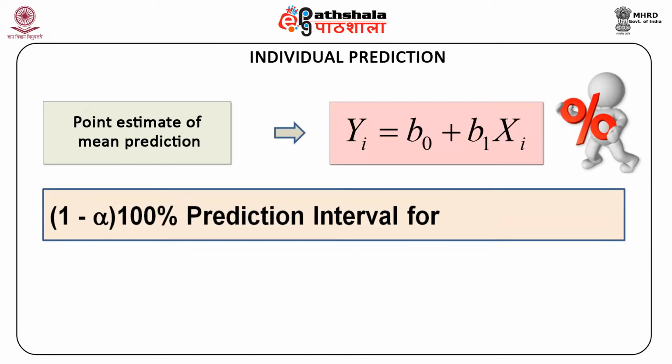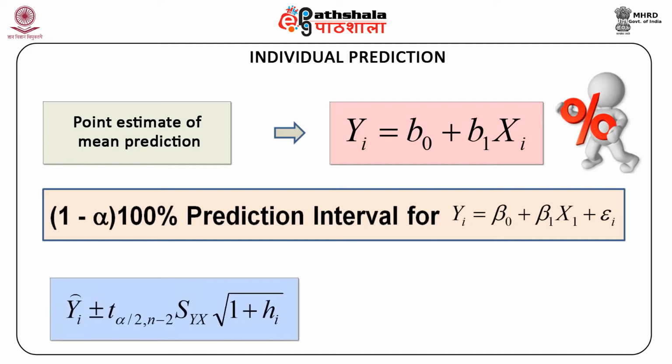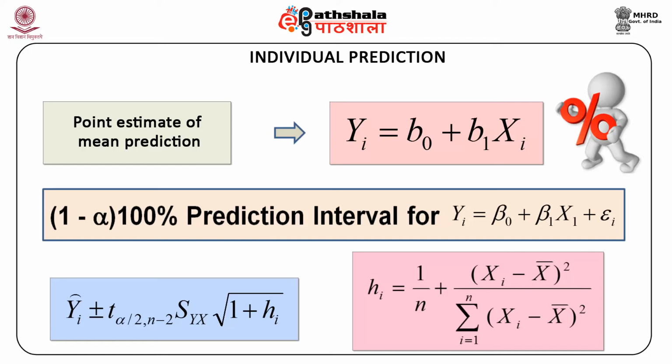The 1 minus alpha 100% prediction interval for yi is yi hat plus minus t alpha by 2, n minus 2, syx under root 1 plus hi. hi is equal to 1 by n plus (xi minus x bar) the whole square divided by summation i moving from 1 to n (xi minus x bar) the whole square, where syx is the standard error of y values about the regression line and hi is the leverage of the estimator y hat i.